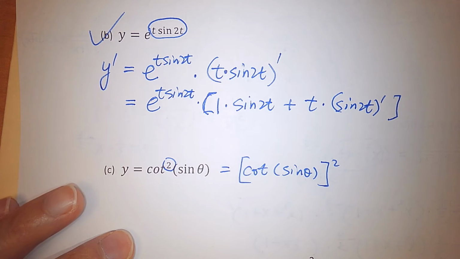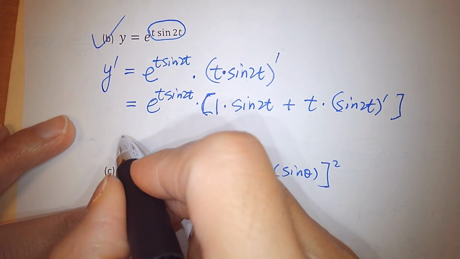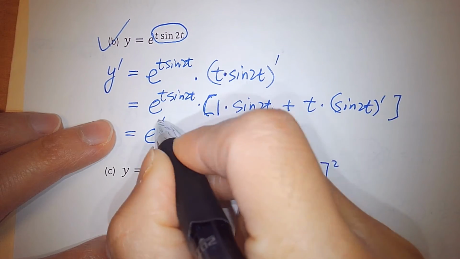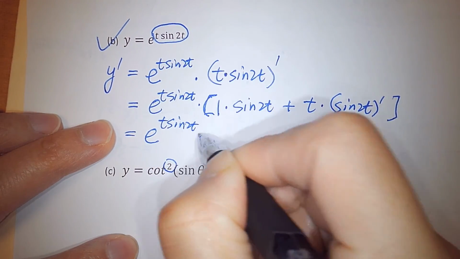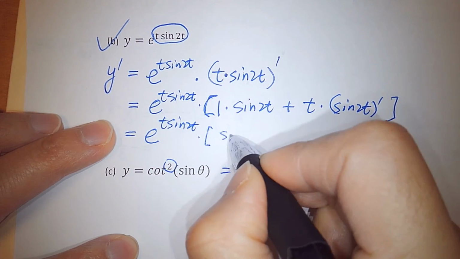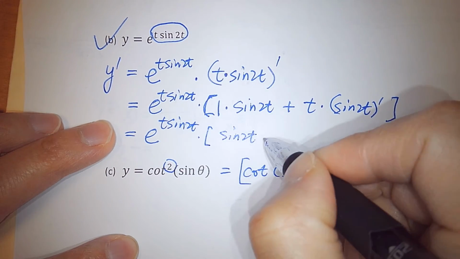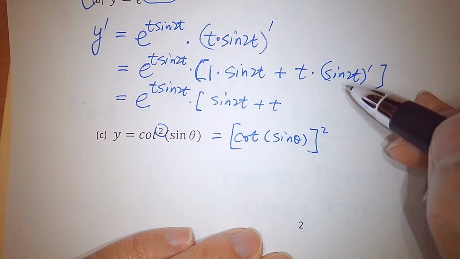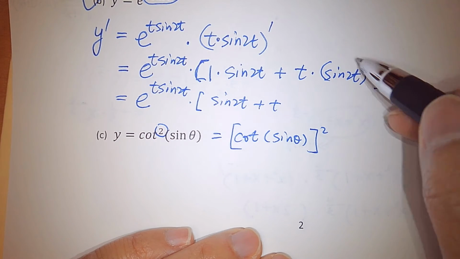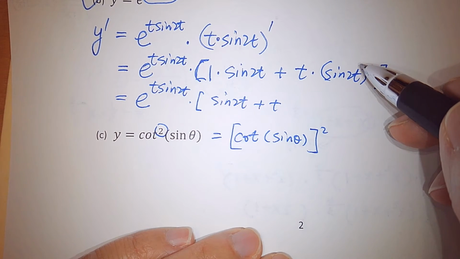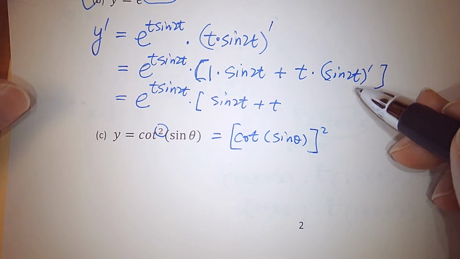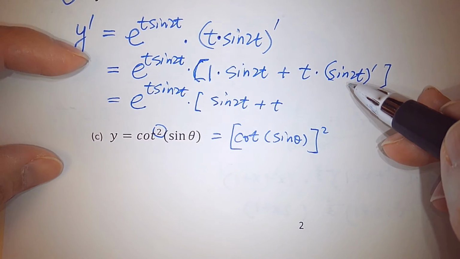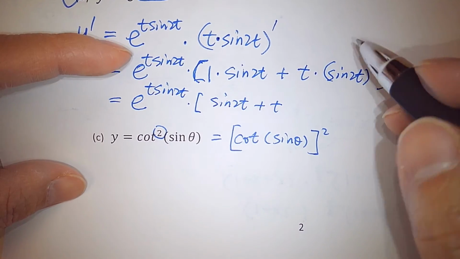Now, let's keep on computing. e to the t sin of 2t times 1 times sin of 2t plus t times sin of 2t. For this derivative, we still have to do what? Chain rule, right? The outer layer is the same function, so the derivative is what?